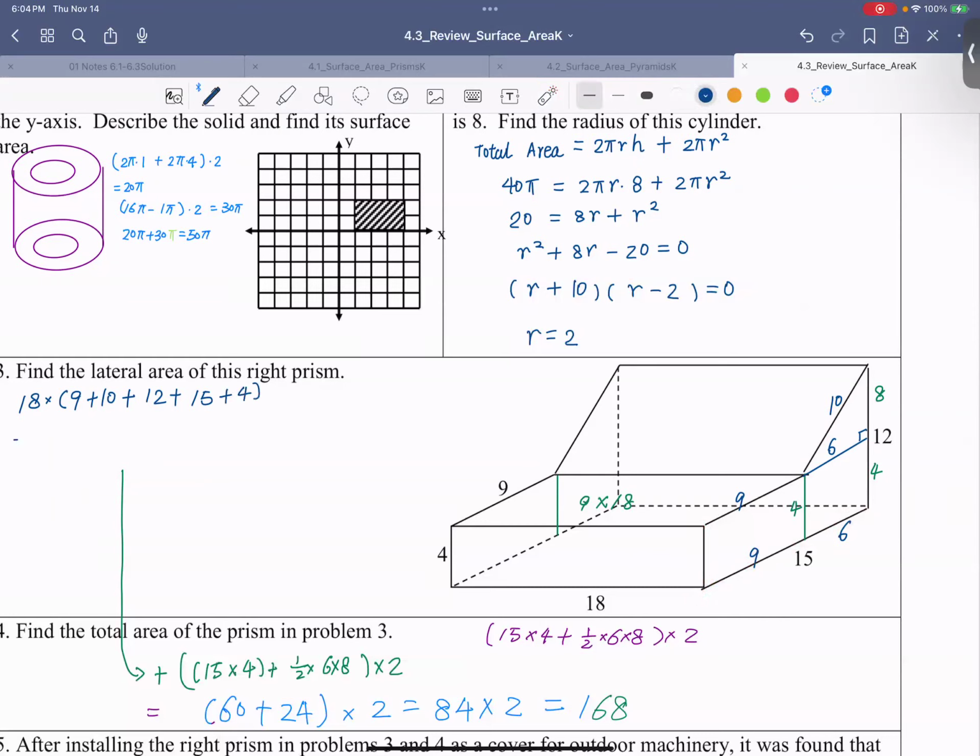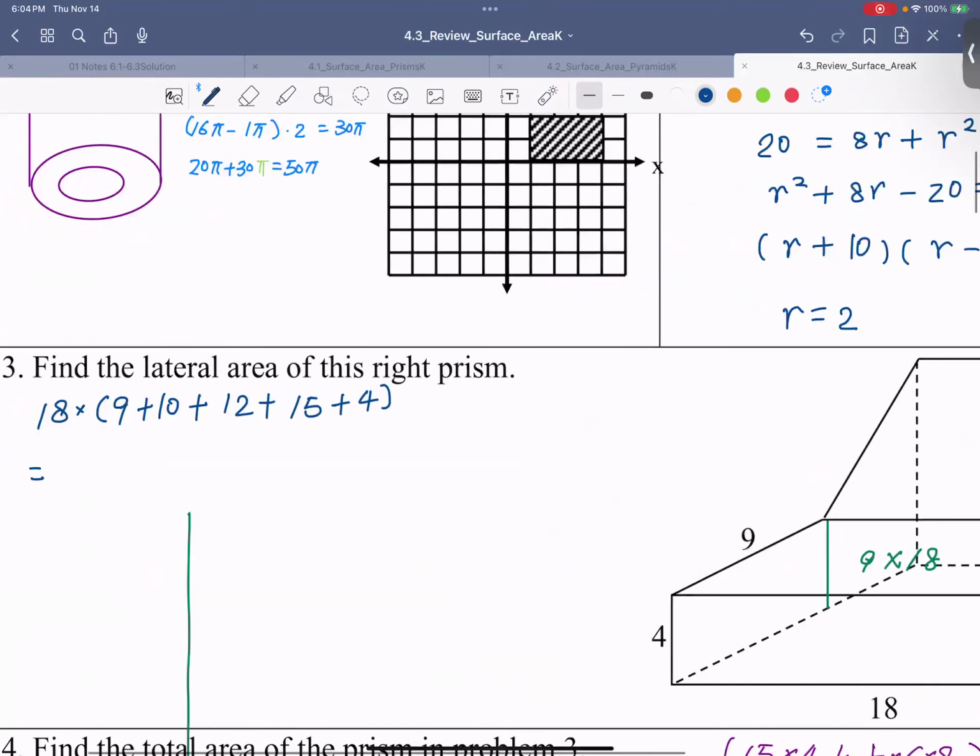And then we want to do this really carefully. See here? This becomes 19. If we add this, this is how much? 27. 27 plus 4 becomes 31. 31 plus 19 becomes 50.